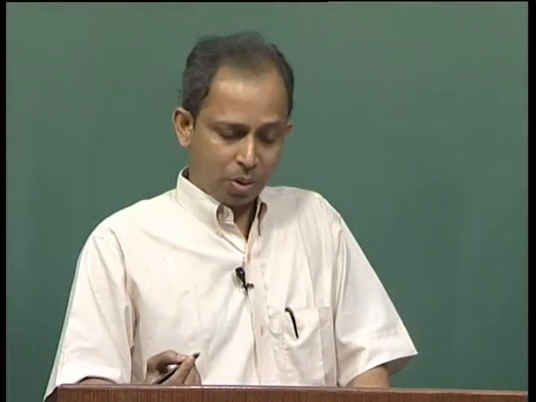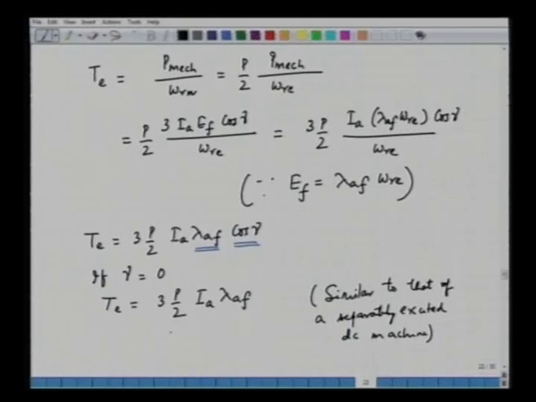And in this case the torque is also maximized. So this equation shows that the torque in this case is controlled like that of a DC machine. We can keep the flux constant, that is lambda AF constant, and we can change IA to control the torque.